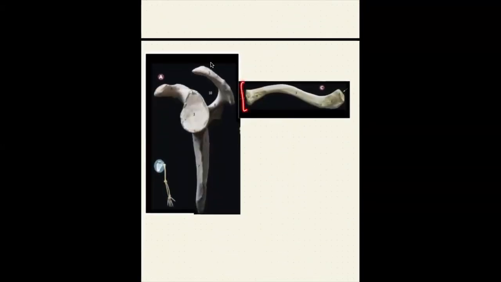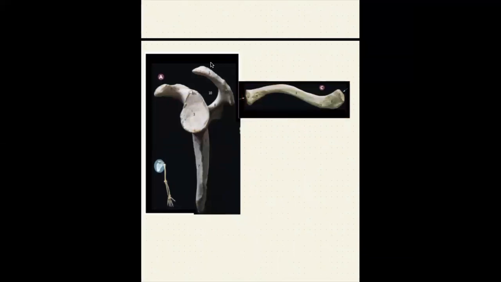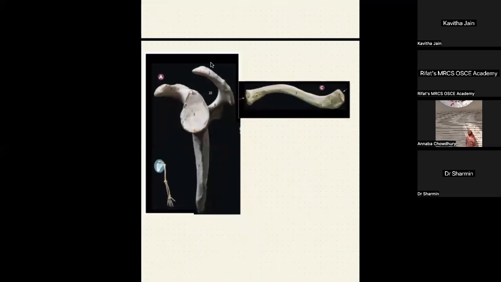Okay, come to this picture. Could you tell me which bone is this? This is the clavicle, the left clavicle. What are the identifying points regarding the left-sided clavicle? The medial end of the clavicle will be rounded, and the lateral end will be flat and quadrangular.